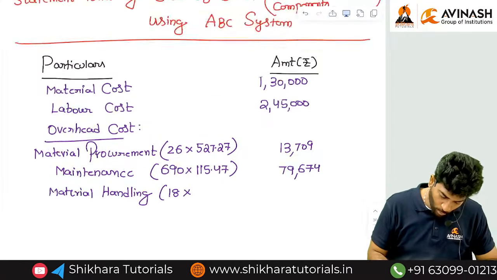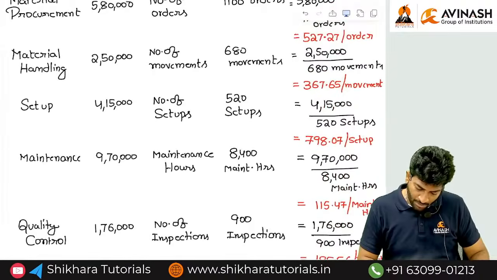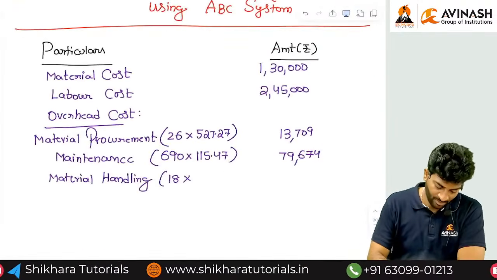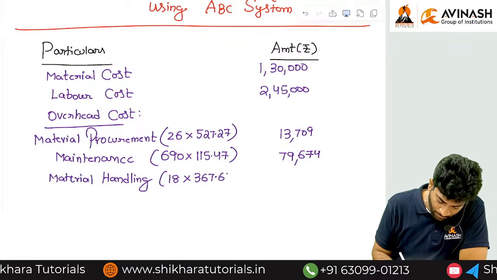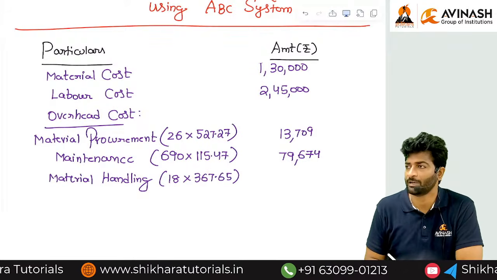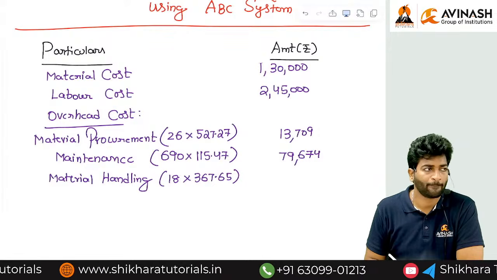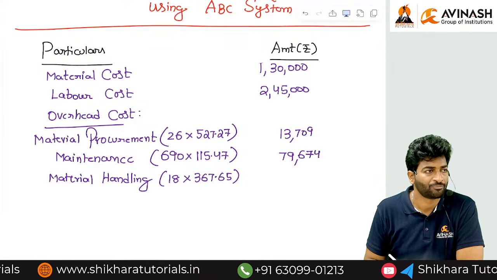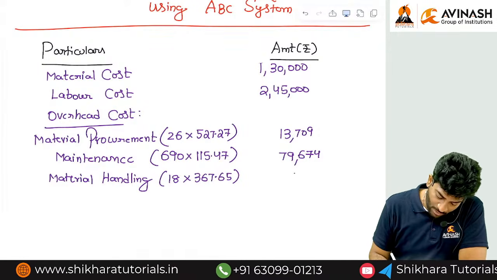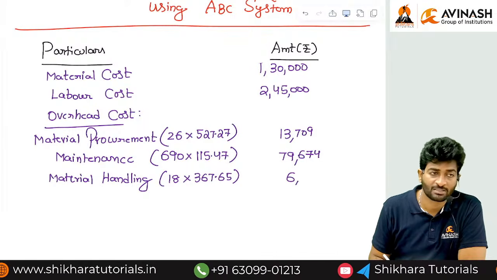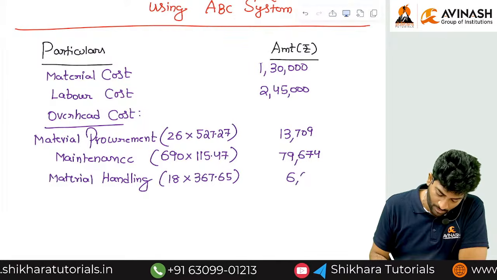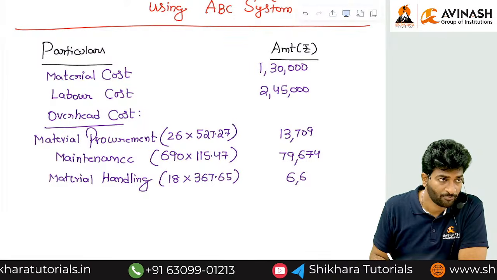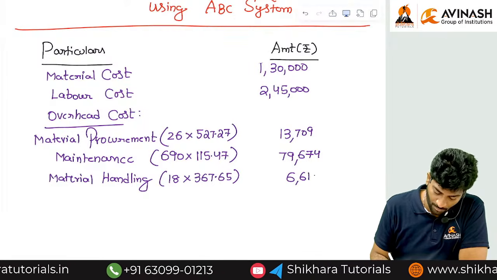And for one movement, per movement, 367.65, 7.5 per movement. 1,006, 1,600, as 8.